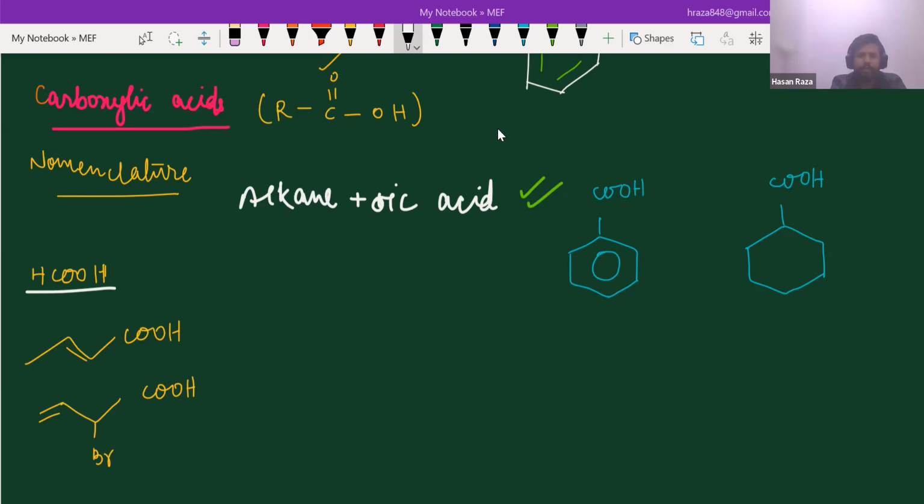No, it's wrong, Madiha. How many carbons are present in the first one? One carbon, so it's meth. And since carboxylic acid is present, it will be methanoic acid.